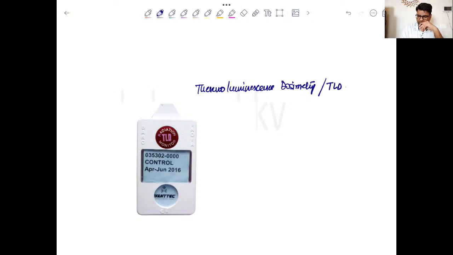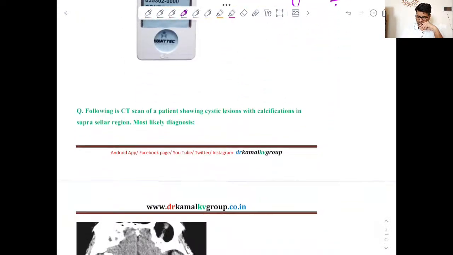In short, this is known as TLD. So thermoluminescence dosimetry, and the readings have to be read every 3 months. Clear? So this is the TLD badge. Fine?